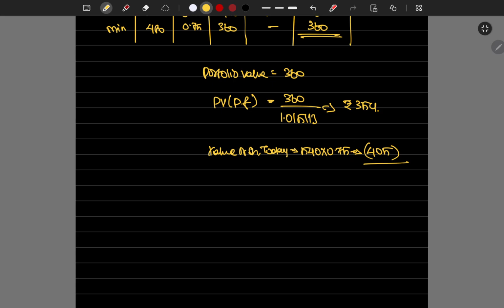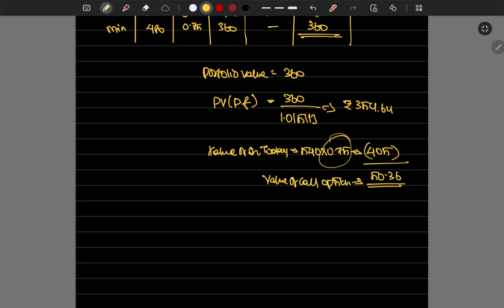So we are only having 0.75. So we have removed the extra portion. So what's the difference? 405 minus 354, which is 50.36 is the value of call option.